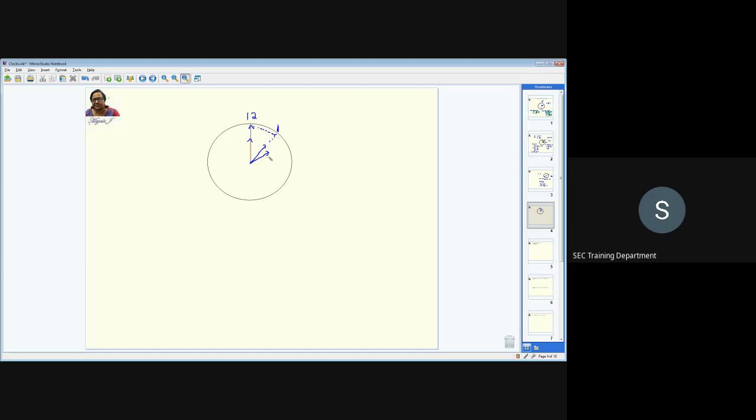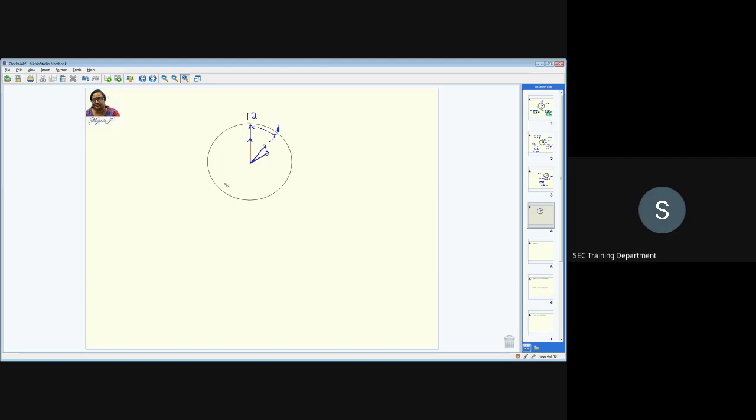So what you can do is consider that when they coincide with each other, the angle between the minute hand and the hour hand is going to be 0. Correct? Here it is 0. Similarly here also, the angle between the minute hand and the hour hand is going to be 0, and that happens after 1 hour and a few minutes.